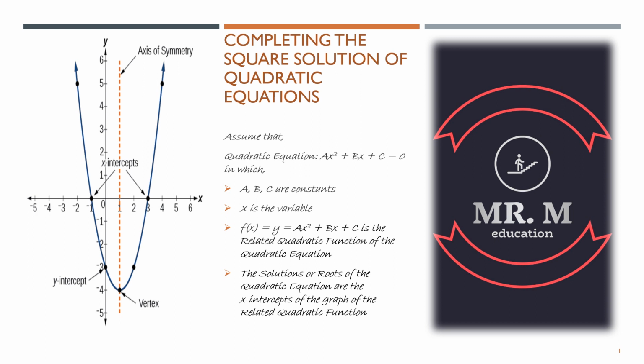The graph of the related quadratic function f of x equal to ax squared plus bx plus c is a parabola with a y-intercept, an axis of symmetry, a vertex, and possibly x-intercepts.